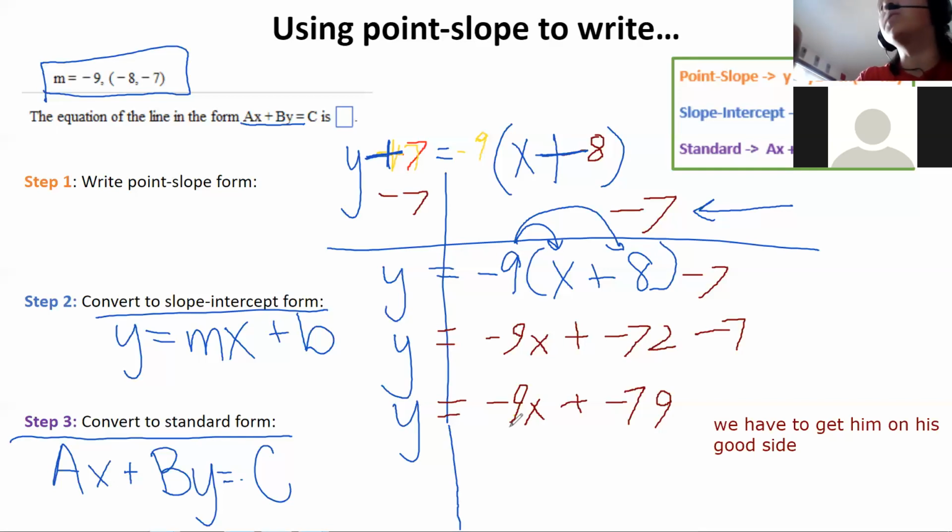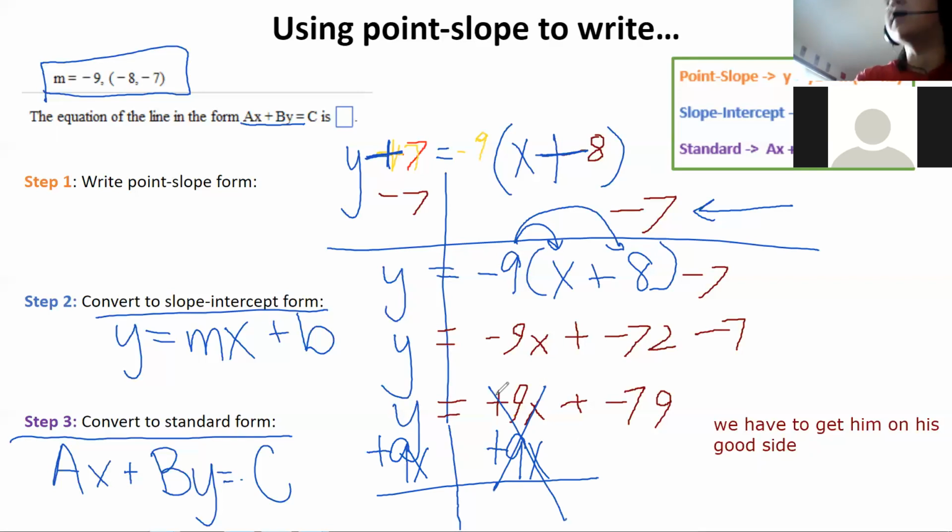Remember in algebra, when you move stuff around, you're always doing opposite operations. And right now we have a -9x. Yeah, Callie, good. So we're going to add 9x. We don't want to change it to positive there. We want to add 9x to the bottom, because then that would cancel out my 9x's on that side.